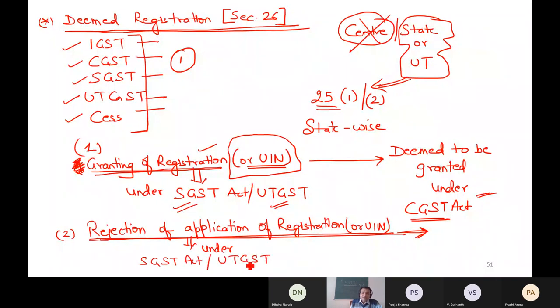So if any application has been rejected under any state or UT GST Act, by default it is deemed to be rejected under the CGST Act. This is what my section 26 is. I hope it is clear. Let me share with you the act now.